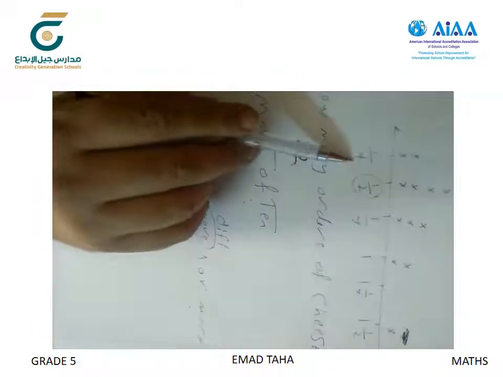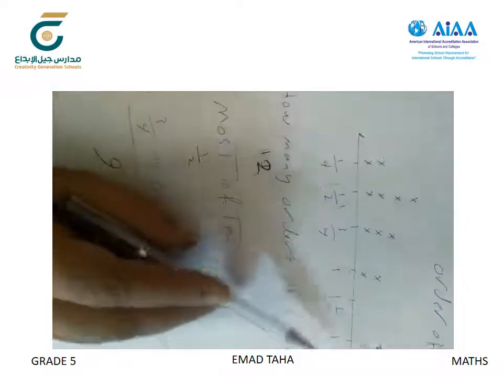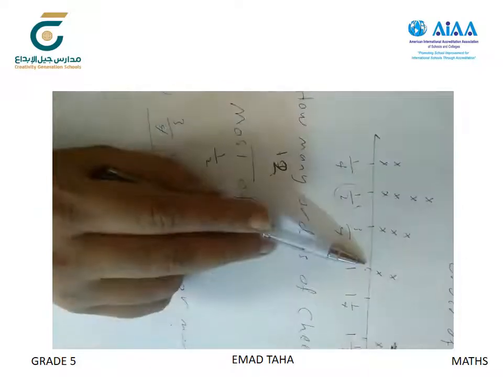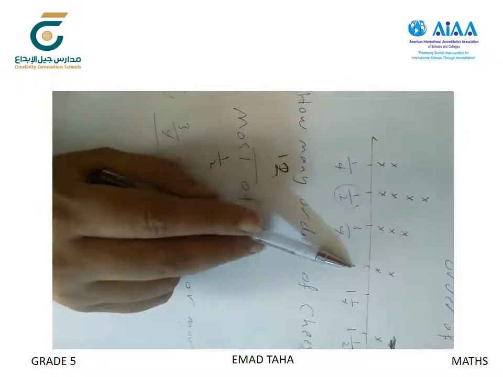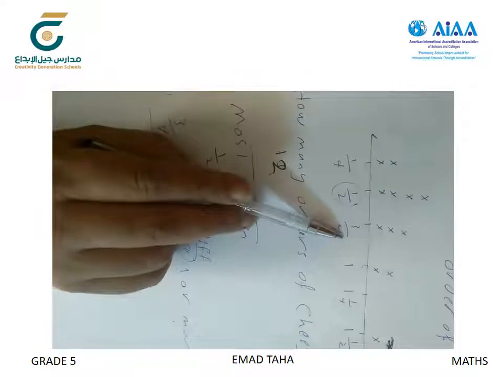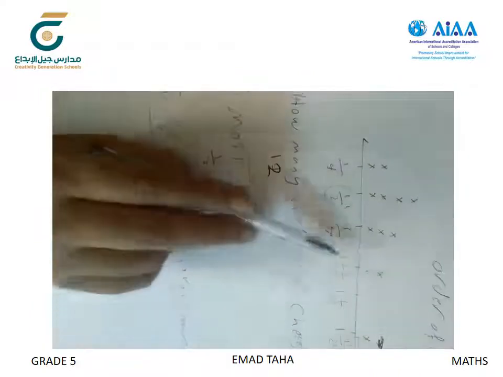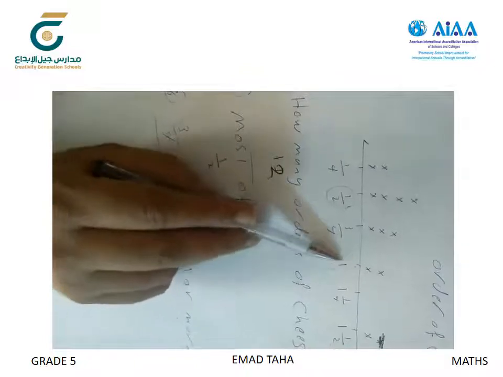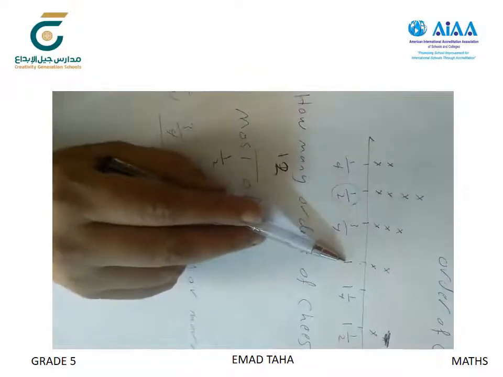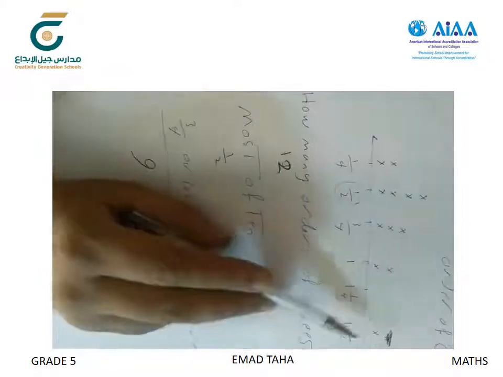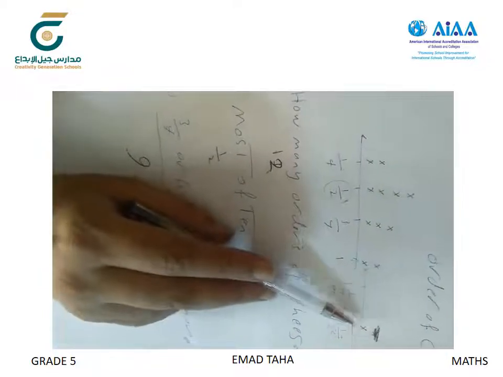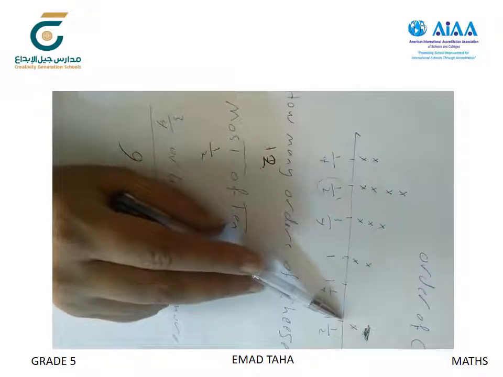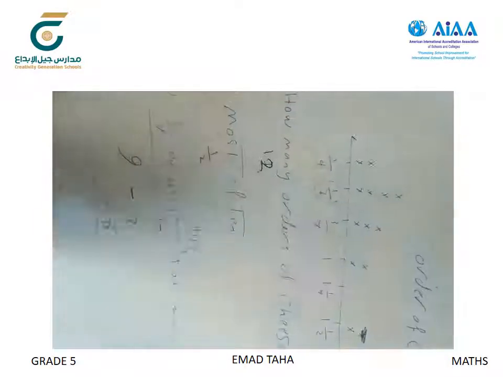Maybe all numbers are fractions and one number is a whole number, like this one. So 1 is the outlier because all data here are fractions but one is a whole number. So we can say 1 is the outlier because 1 is a whole and all numbers are fractions, or 1.5 is the outlier because 1.5 is distinct or far from all data. Okay, thank you.